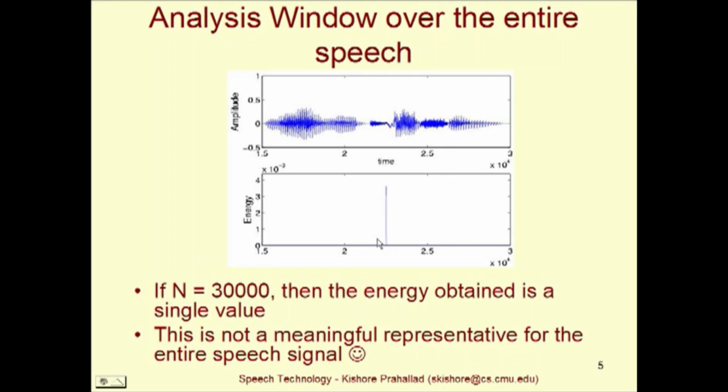So it's a single value or single point which represents this entire speech signal. It is clear that this is not a good representative because it doesn't tell you what is there in the speech signal, or it doesn't describe the speech signal in any meaningful manner you can imagine. So if we put our analysis window over the entire speech, then we are not going to get a meaningful representative here.